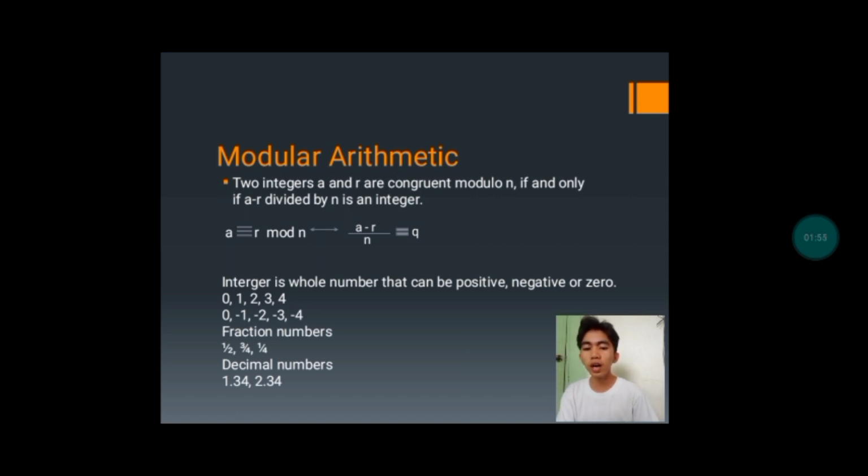Those are fractional numbers and decimal numbers, such as 3/4, 1/2, 1/4. In decimal numbers, 1.34 and 2.34. Those are examples of non-integer.